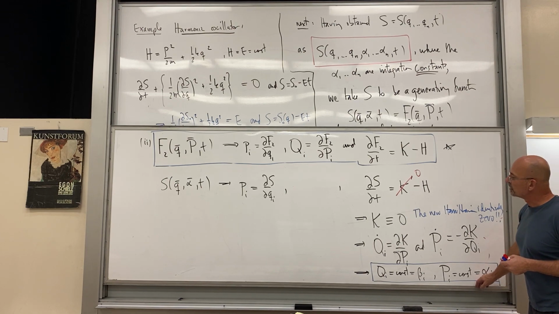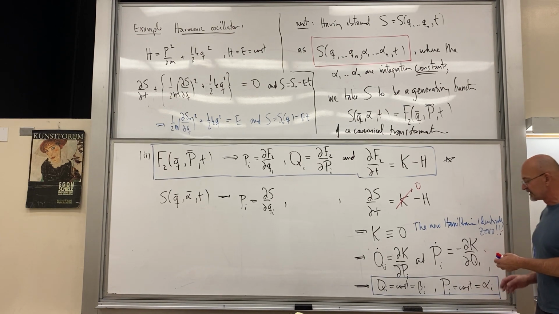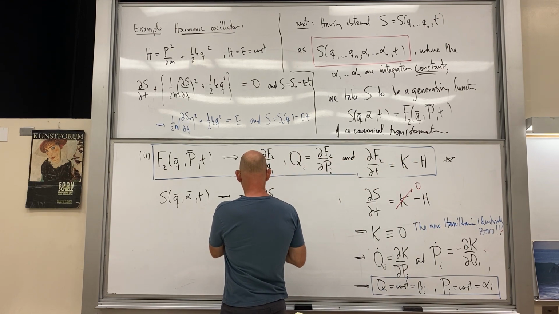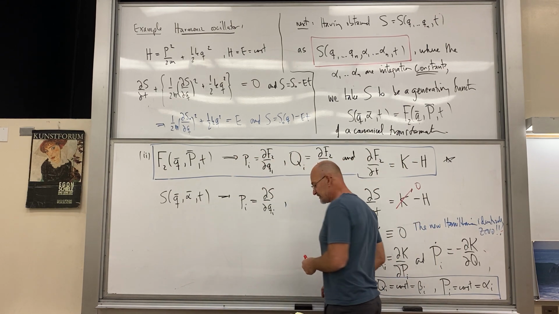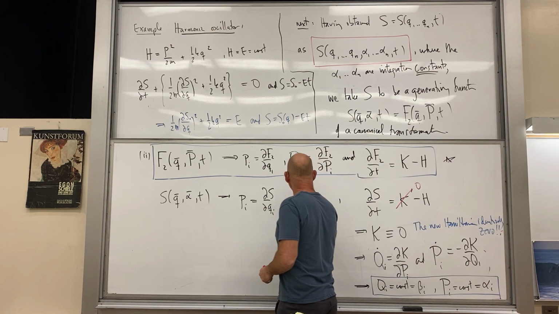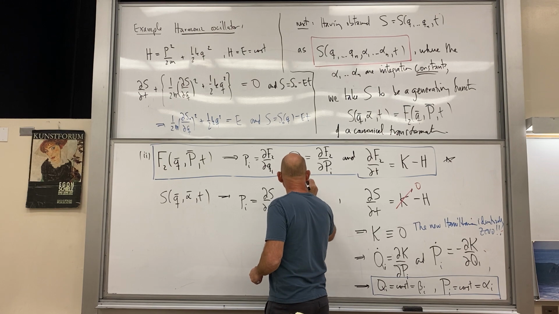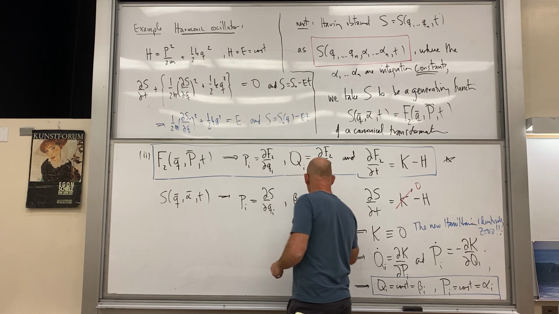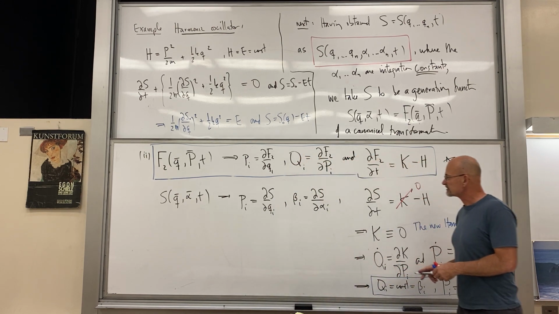Okay, so we have enough room on this board to make use of that. So I'll put this in words. Actually, now I'll fill this guy in here. We have beta_i is equal to dS/d alpha_i.